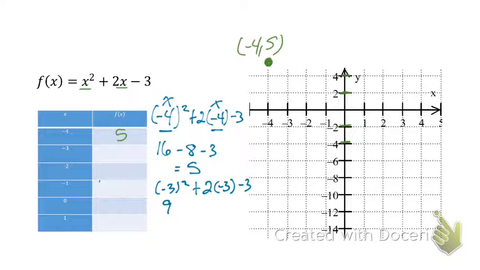That gives us 9. 2 times -3 would be -6, minus 3 more. So 9 subtract 6 would be 3. Subtract 3 more would be equal to 0. So we get -3, 0. And we just continue throughout this pattern. So go ahead and try to work it out. Pause the video for a moment and then restart it when you're ready to check your work.